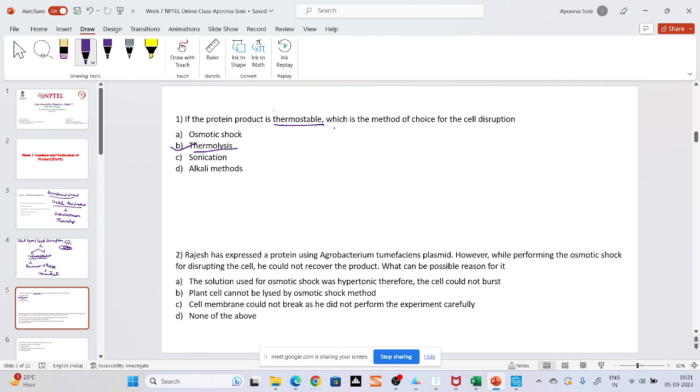Option C: cell membrane could not break as he did not perform the experiment carefully. Or none of the above. What do you think can be the answer? Think. Try to think logically.